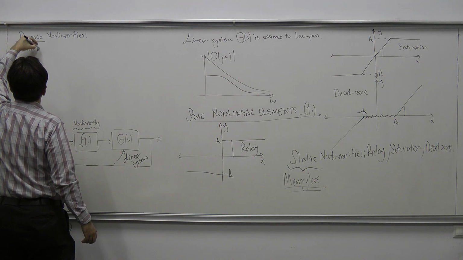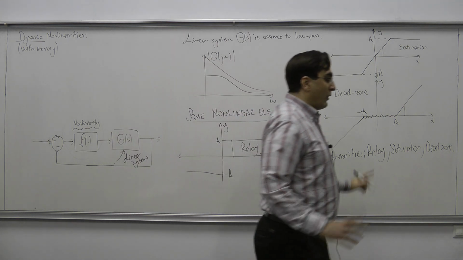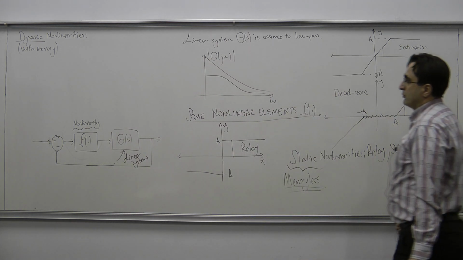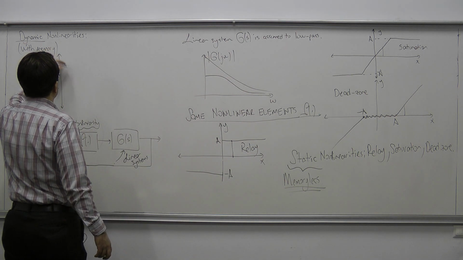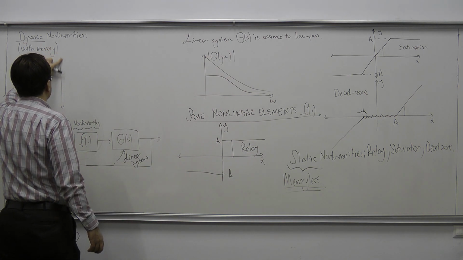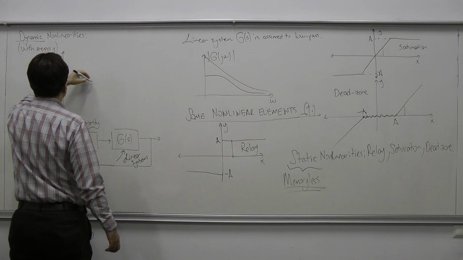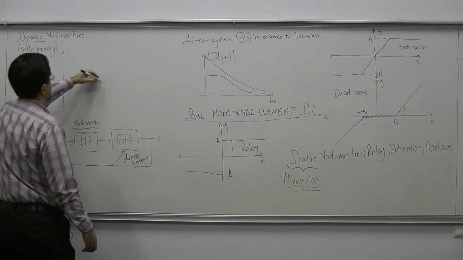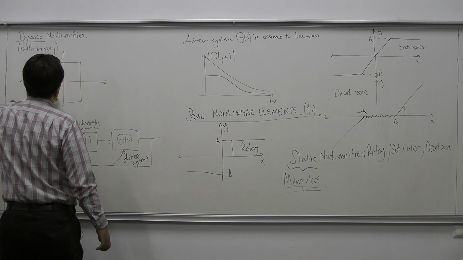Okay? What can be examples of this type of nonlinearity? The first type is going to be, again, a relay type of nonlinearity, but it's going to have a hysteresis in it. Okay? So we are going to have a nonlinearity in this form.